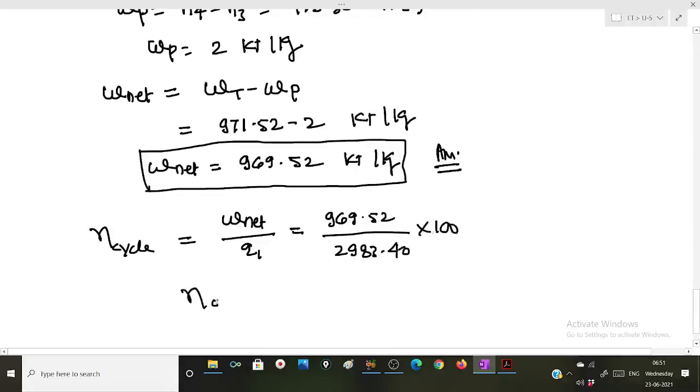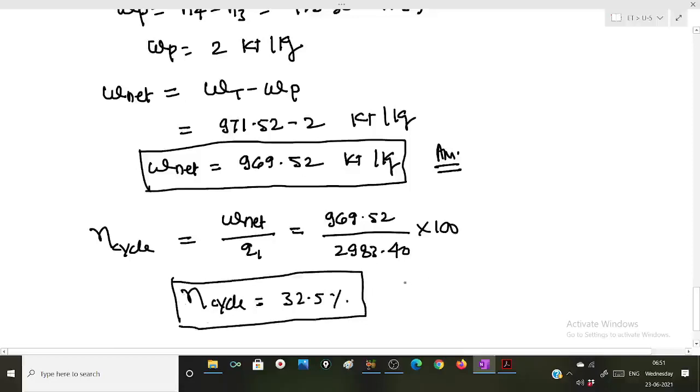So efficiency of the cycle comes out 32.5%. This is the required answer number 2 for part 1, that is for ideal Rankine cycle.